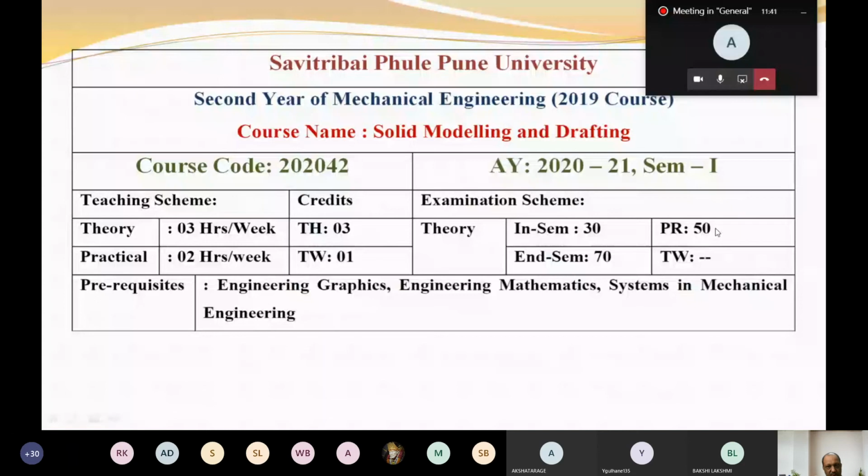Now, if the situation remains the same, it will be a big challenge to conduct the practical online. That means we have to show you the various software, and regarding your practical exam, I don't know how we are going to conduct it.